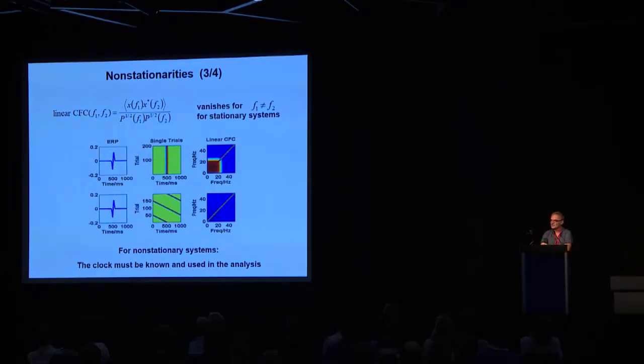So let's consider a slightly different case. Say we have the ERP. On the right side, we have many trials, but we just don't know when the stimulus was. So we are just wrong by, say, one trial each. And we do the same calculation again. Then we would observe that the cross-frequency coupling, in this case, would totally vanish across different frequencies.